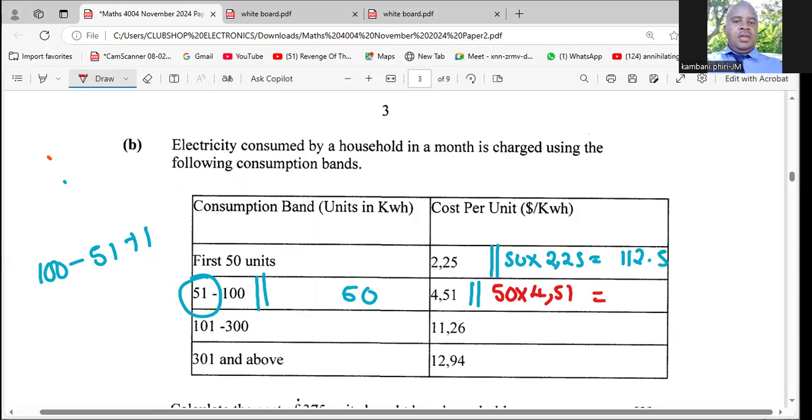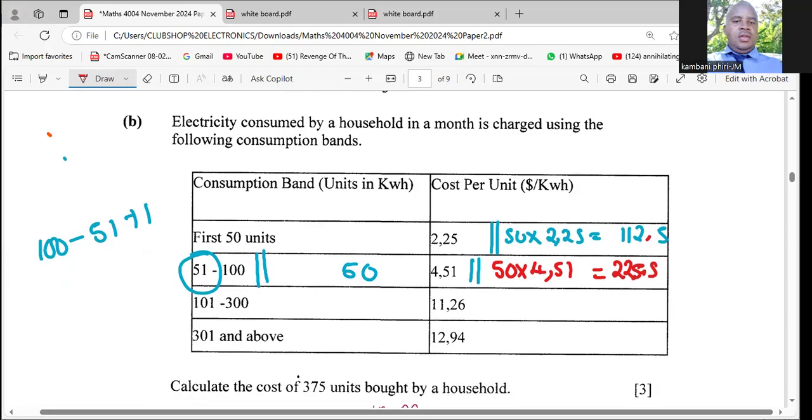It will give you 225.5 or 5. Yeah, I'm used to writing points. Next, again here, you're going to say 300 minus 101. When you say 300 minus 101, you get 199, but plus 1. So here we'll get 200.